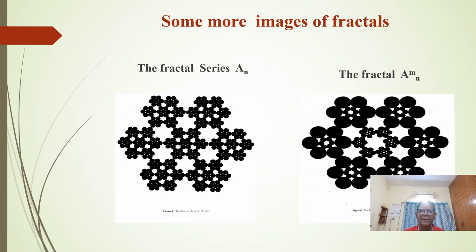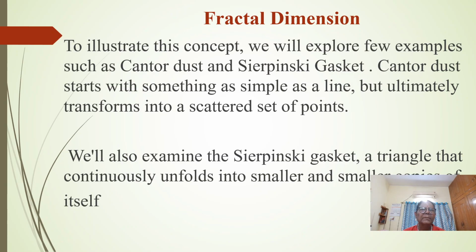The first one is the series A_n and another one is the fractal series A_mn. This has been obtained from circles. To illustrate the concept of fractal dimension, we will explore some known examples such as Cantor Dust and the Sierpinski Gasket.